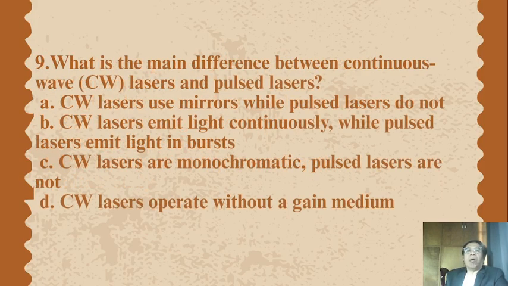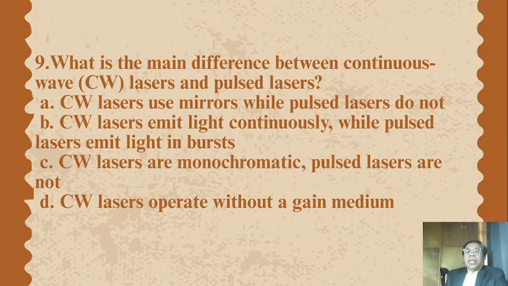Number 9. What is the main difference between continuous wave (CW) lasers and pulse lasers? A, CW lasers use mirrors while pulse lasers do not. Letter B, CW lasers emit light continuously while pulse lasers emit light in bursts. Letter C, CW lasers are monochromatic, pulse lasers are not.